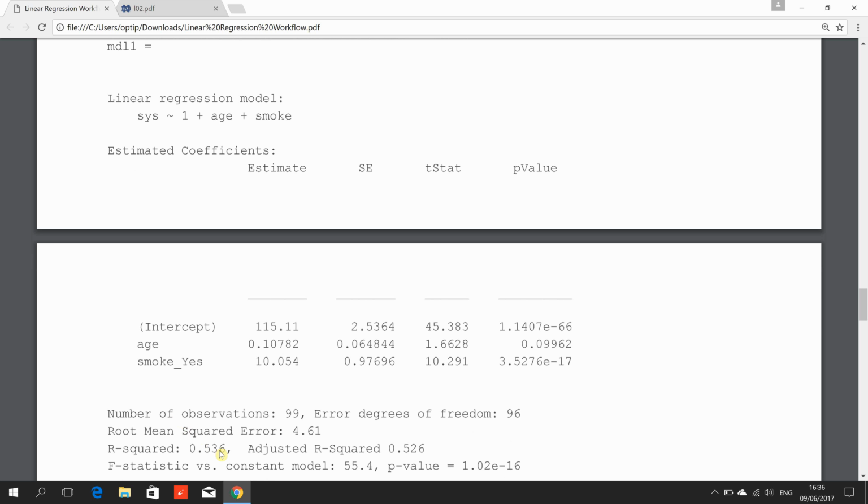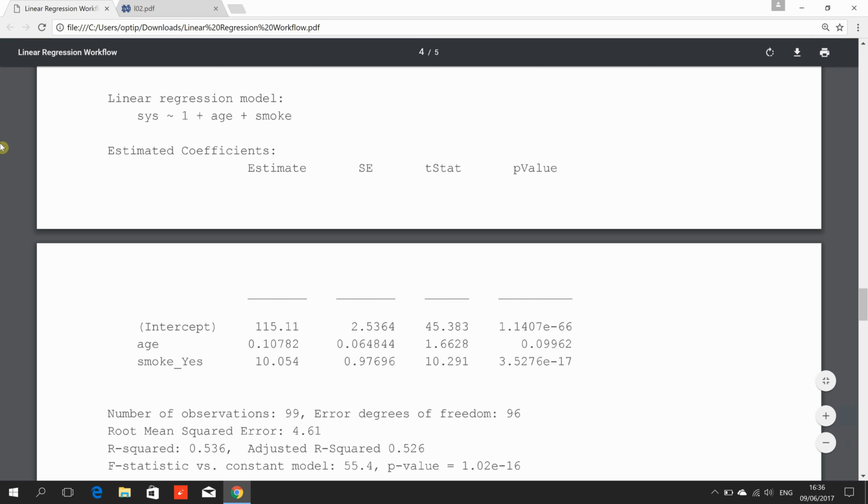We've got our R-squared up to 53.6, and the adjusted R-squared is very near the R-squared. Why? Because the systolic blood pressure is now the constant plus age plus smoke. We've removed two of the predictors. The slope for the age is that, and the slope for the smoking is here.